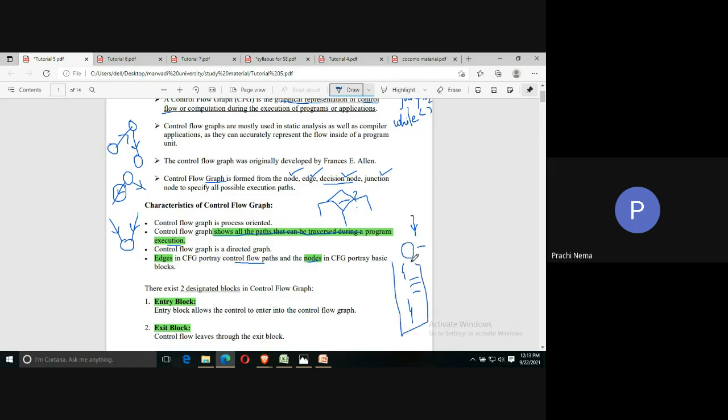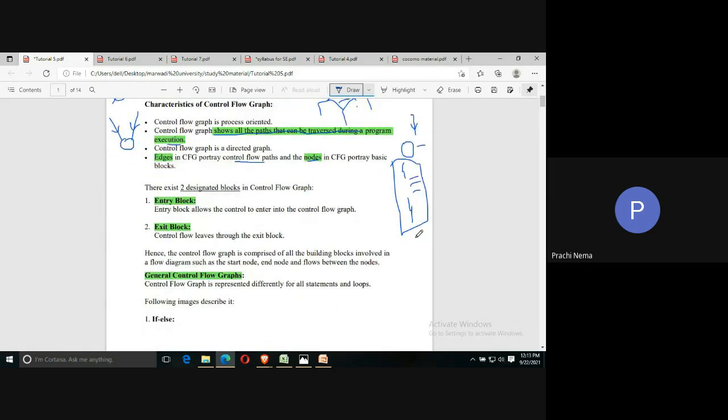Either a node will represent this whole block, or for simple programs it can be just a single line of code. Okay. Edges are represented using straight lines with arrows because this is a directed graph, and nodes are represented using circles in control flow graph.